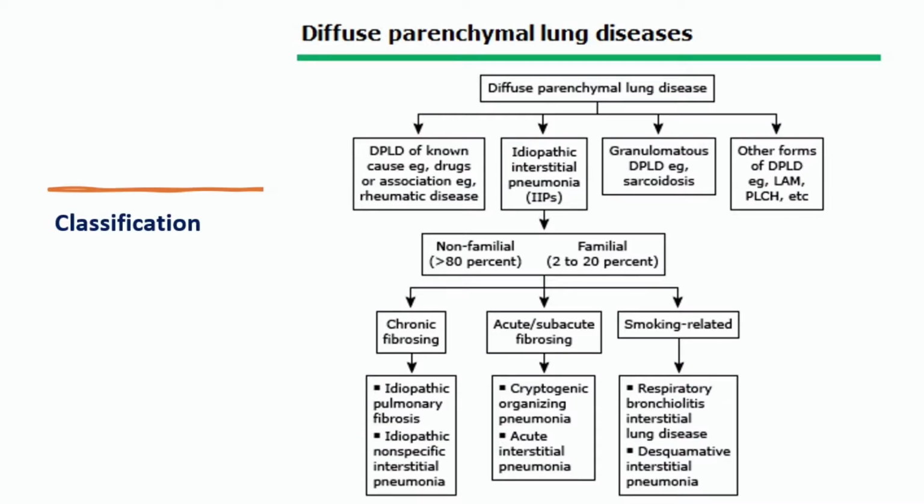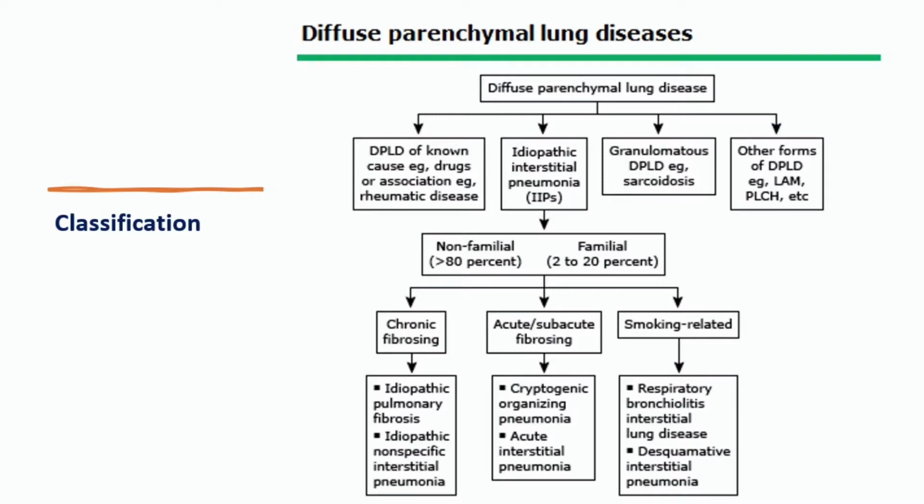I'll slowly take you through this classification because it is very important to have an idea about it in order to understand interstitial lung diseases. Diffuse parenchymal lung diseases, we mainly divide into four categories. First is interstitial lung disease with a known cause. Second is interstitial lung disease where we can't identify a cause, which we call idiopathic interstitial pneumonia.